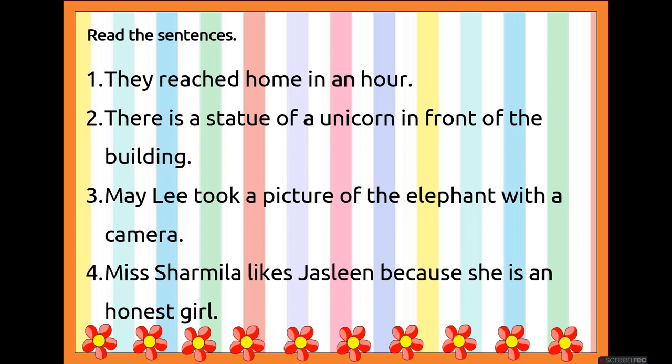The is also used to refer to things that are more than one, for example, the fruits, the people, the buildings, the boys, the cats. The is also used for something that is only one of its kind, meaning we only have one in the whole world. For example, the moon. We only have one moon, right? So we use the moon.